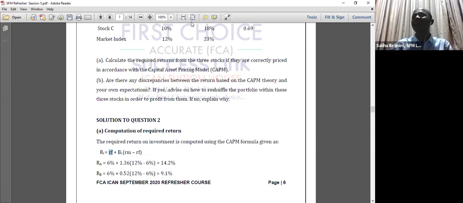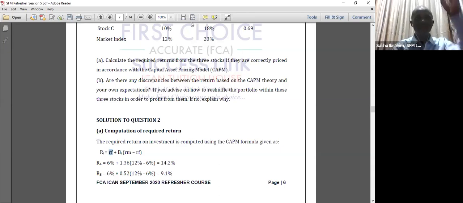So it might not necessarily align with the required return of the investor. Are we together? So required return is the investor's desired return on that stock, while expected return is based on the probability of performance of that stock. That is the difference between required return and expected return.